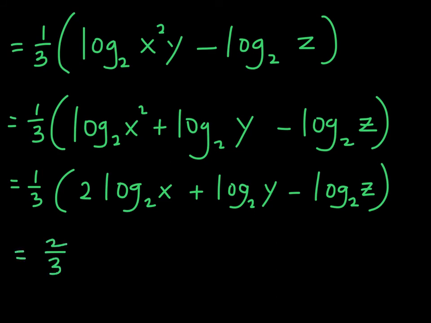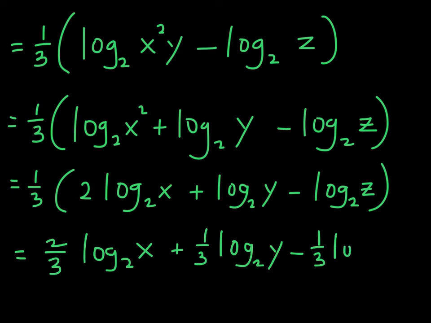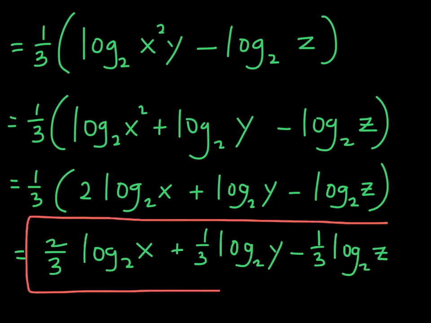Because 1/3 times 2 is just 2/3 of log base 2 of x plus 1/3 times log base 2 of y minus 1/3 times log base 2 of z. This is the final answer because it's all a sum or difference of logarithms of a single quantity.